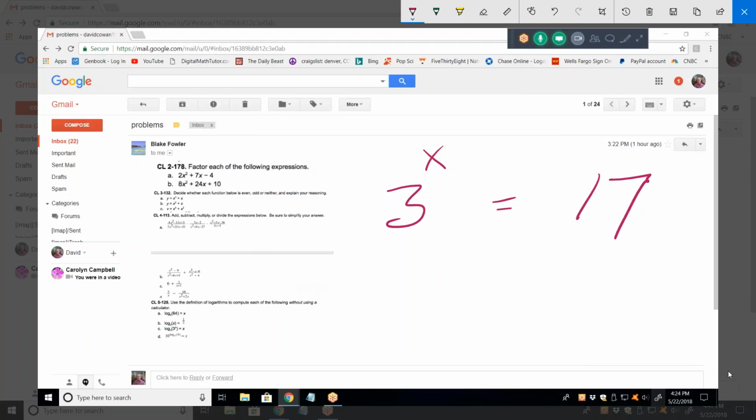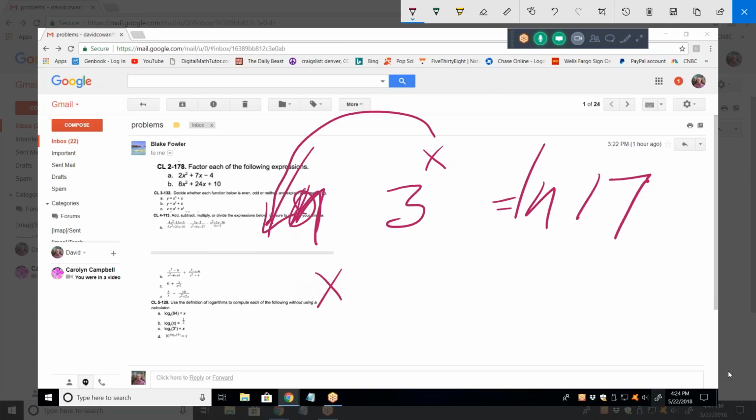Now, if I want an exact answer to this, I can get it, but I can't give you an approximate answer without the calculator, oddly enough. The way I get an exact answer is I can use log or natural log. I actually prefer using natural log. I take the natural log of both sides. Now that allows me to bring that x onto the algebra line.